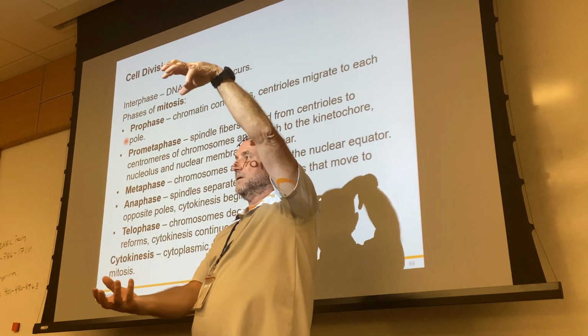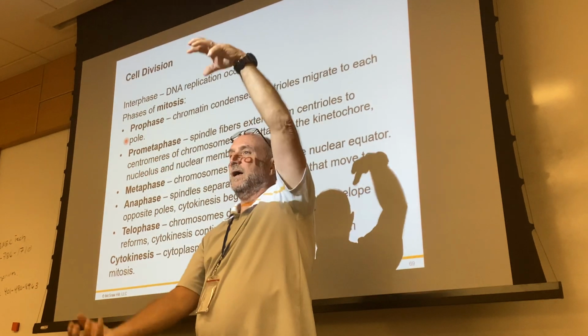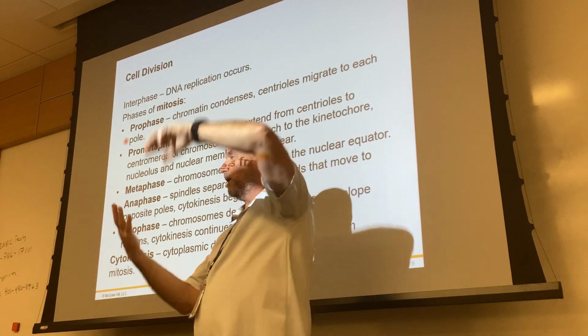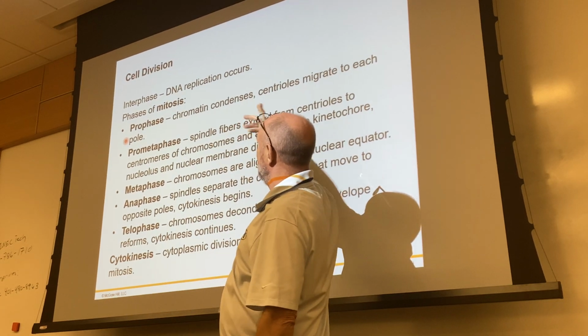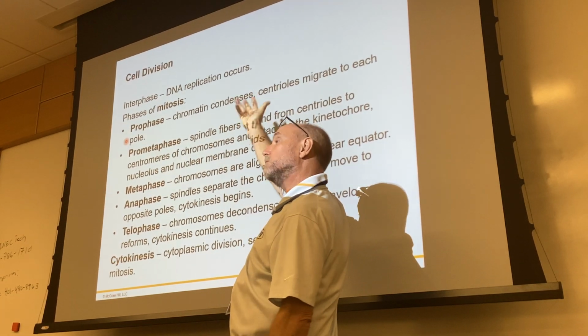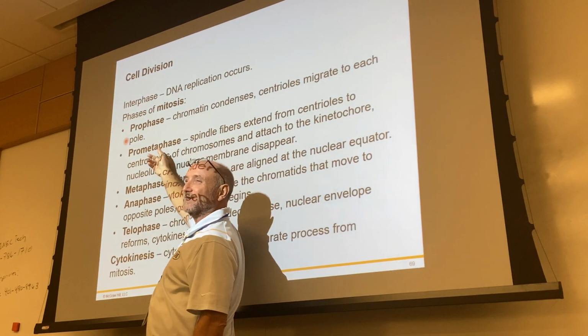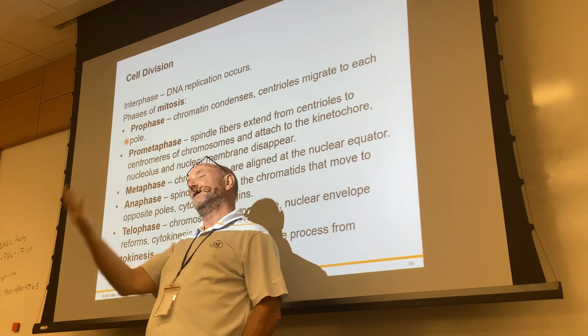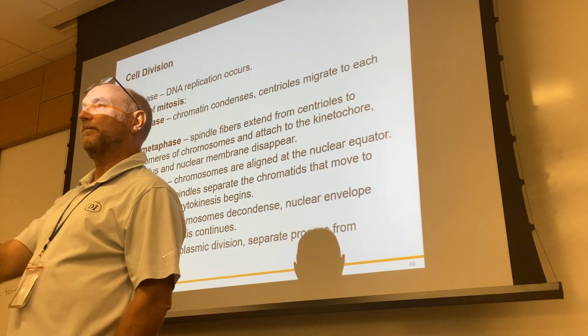So it's as if Santa Claus is up and the penguins are at the bottom, and they separate. Okay, so that's what's happening in prophase. There's subparts of prophase: prometaphase, early prophase, late prophase. Don't worry about that. We just worry about prophase.